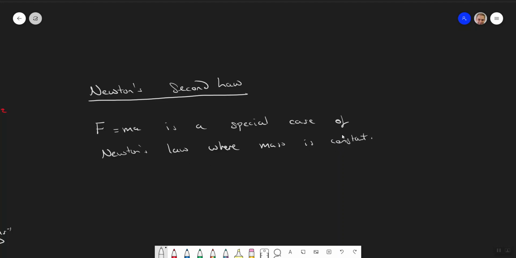That mass is constant means that you're not a rocket that's losing matter, or a particle going at nearly the speed of light or falling into a black hole, because any of those things tend to ruin F equals ma. You can't use it if you start going very, very fast.